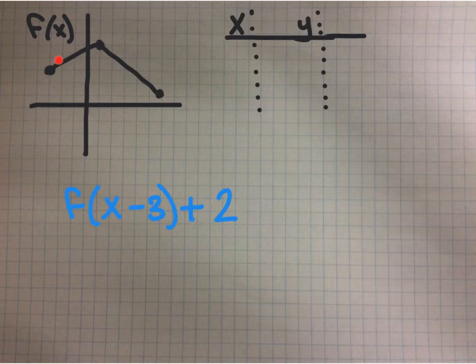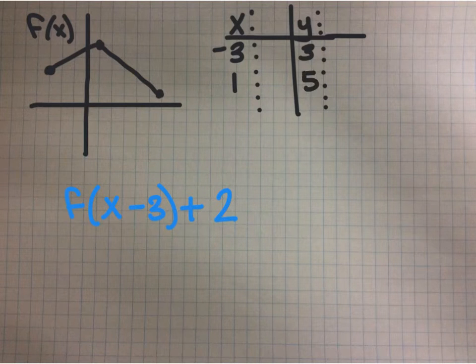This point over here is -3, 3. This point right here is over 1, up 5. So 1, 5. And the point farthest to the right, that's 1, 2, 3, 4, 5, 6, 1.